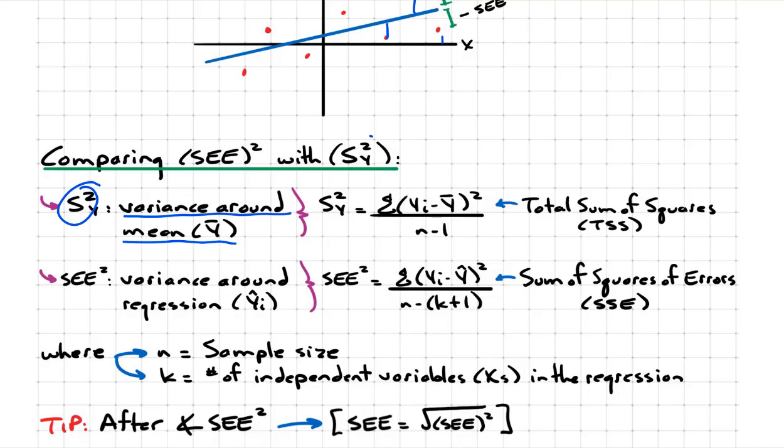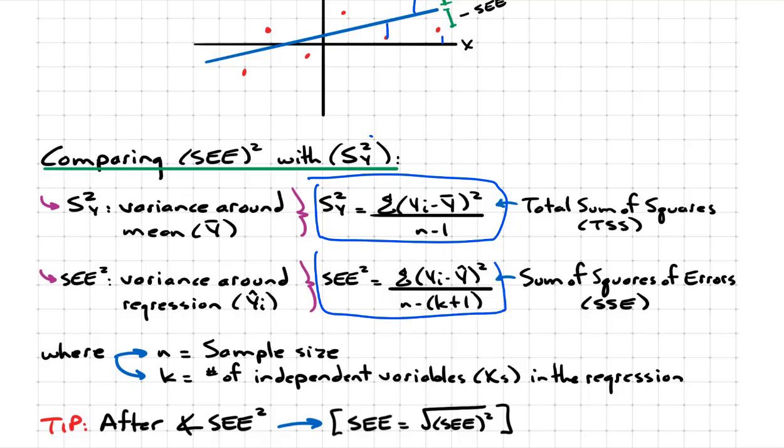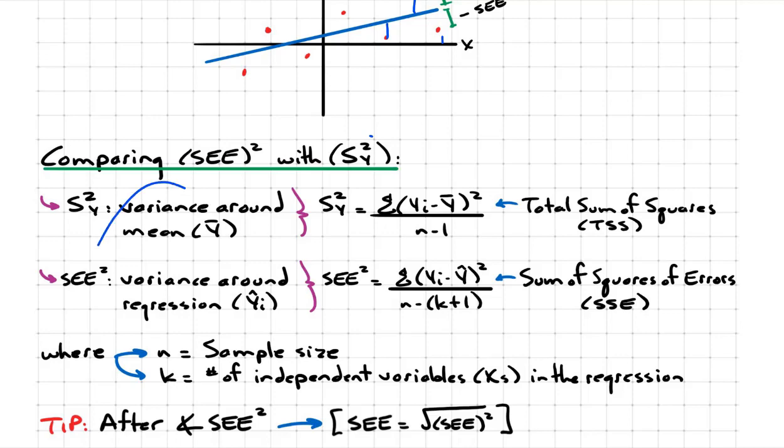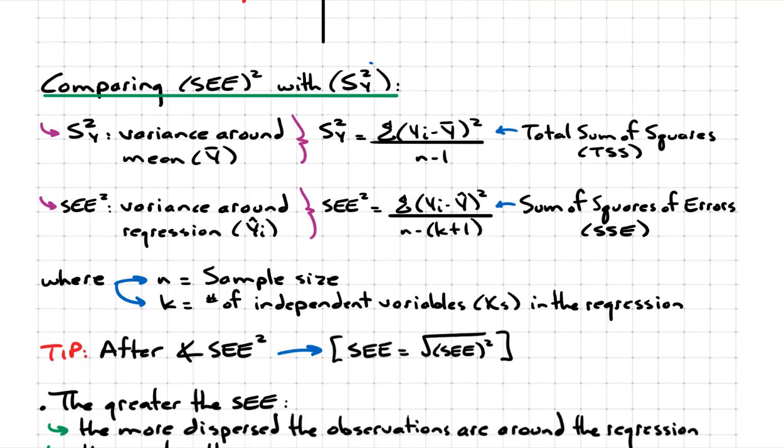So ladies and gentlemen, now that we have our framework for standard deviation, we can use the exact same template in order to construct the framework for standard error of estimate. So first of all, what is the big difference conceptually between standard deviation and standard error of estimate? While standard deviation or variance looks at the dispersion around the mean, standard error looks at the variance around the regression line.